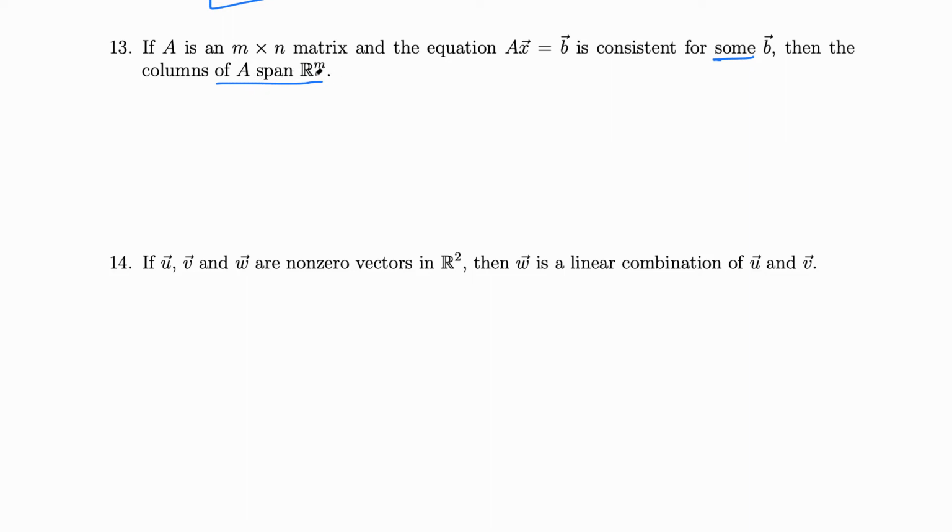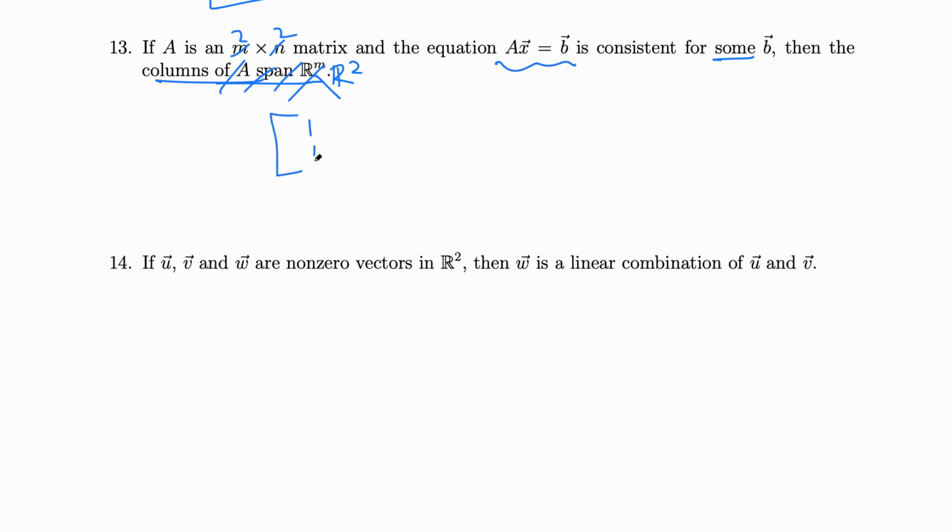Now we take a vector in Rm, and that should not be a linear combination of columns of A. So we just failed that. So let's do this for 2 by 2. Then this is also R2. So we should have a consistent system.